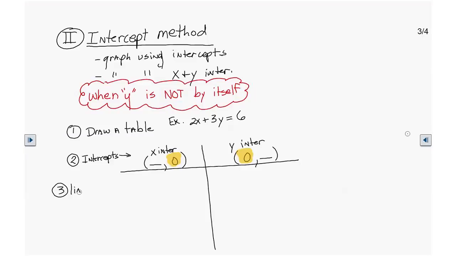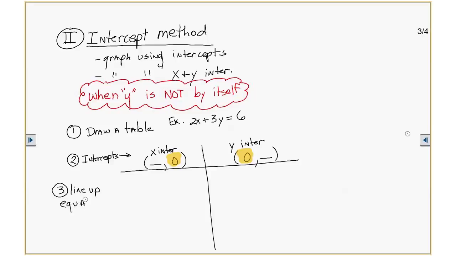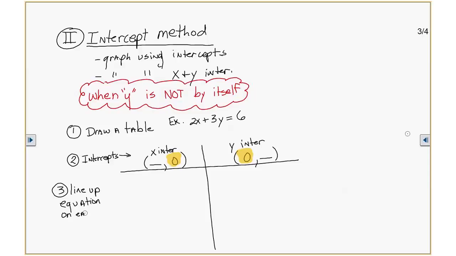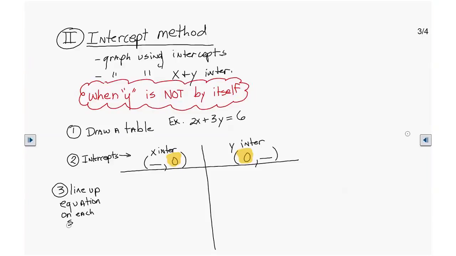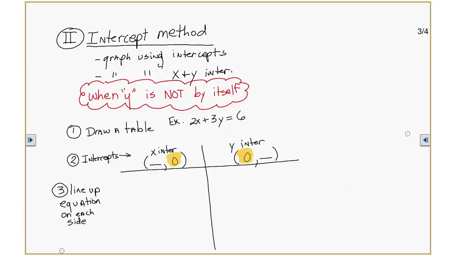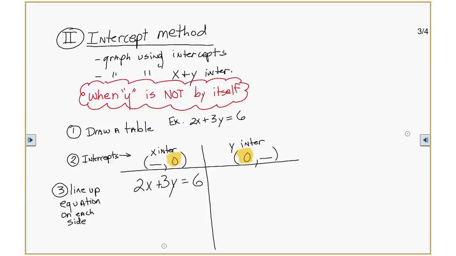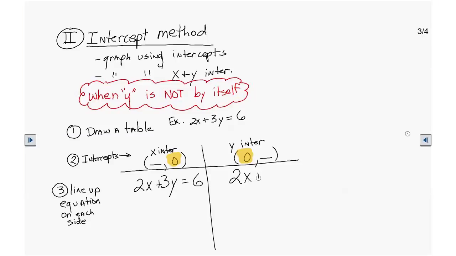Line up the equation on each side. Now watch what I do here. What did I do?